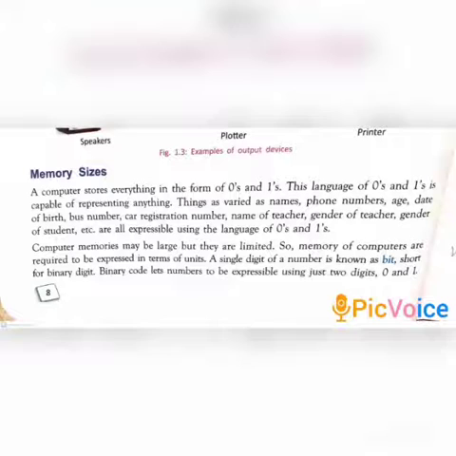A bit stores just 0 or 1. In a computer, 1 represents an on bit, and 0 represents an off bit. This notation is described as binary form.